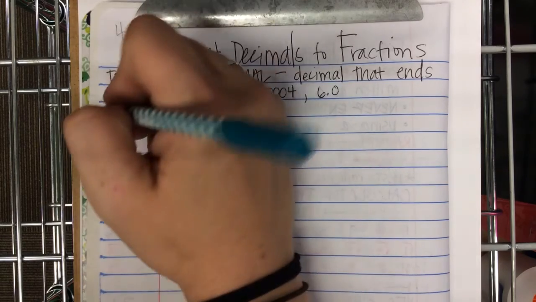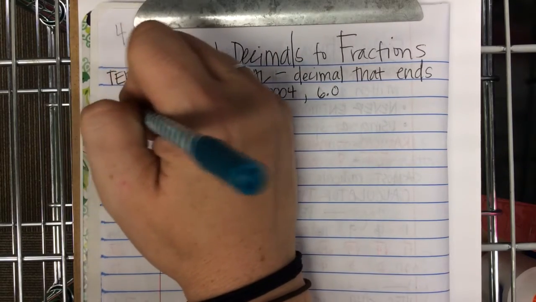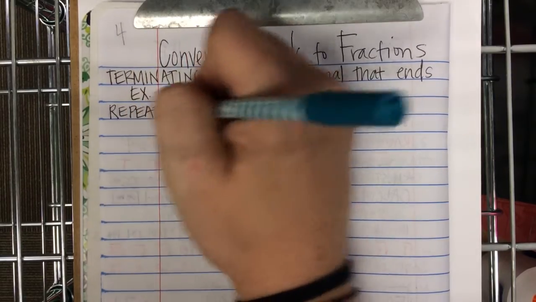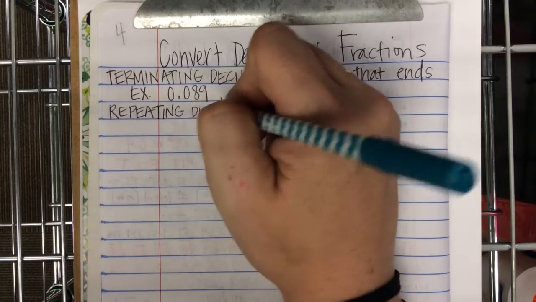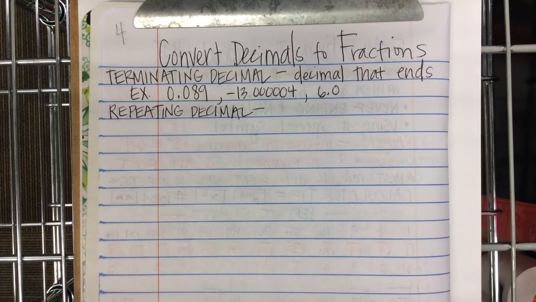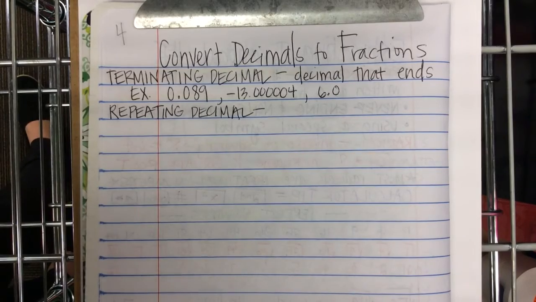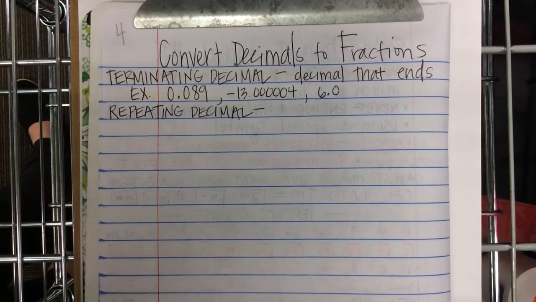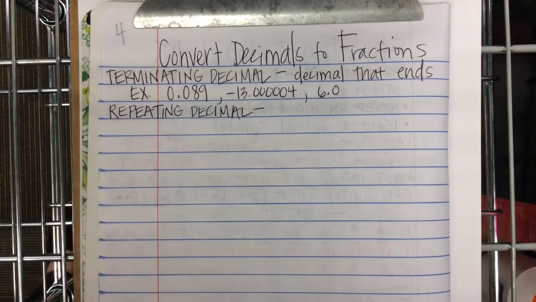The second type of decimal we're going to work with today is a repeating decimal. And over the years, I've changed my definition of repeating decimal. I used to say it repeats the same pattern. But I've decided I don't like that.